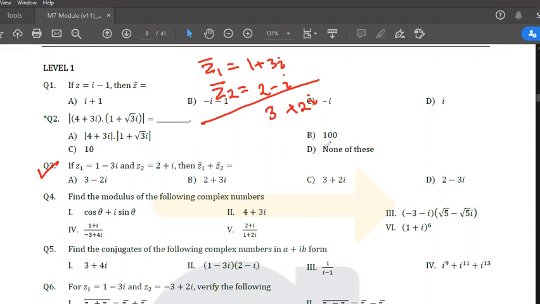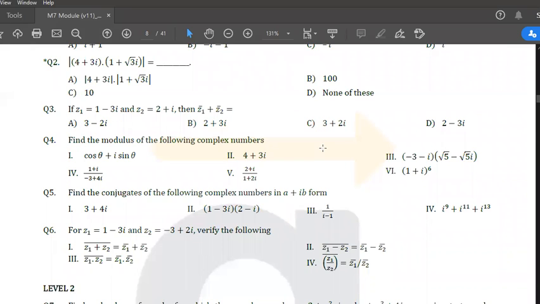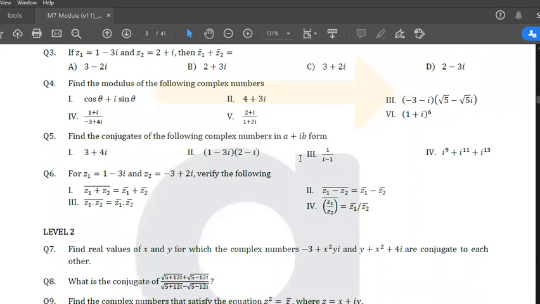Okay? Now same way, question number 4, question number 5, you can do. And question number 6 is just verification. Put the value and check LHS and RHS. Okay? Got it, everyone? Tell me. Right? You just have to solve till question number 6. Okay? First exercise till level 2 and question number 6. Right?